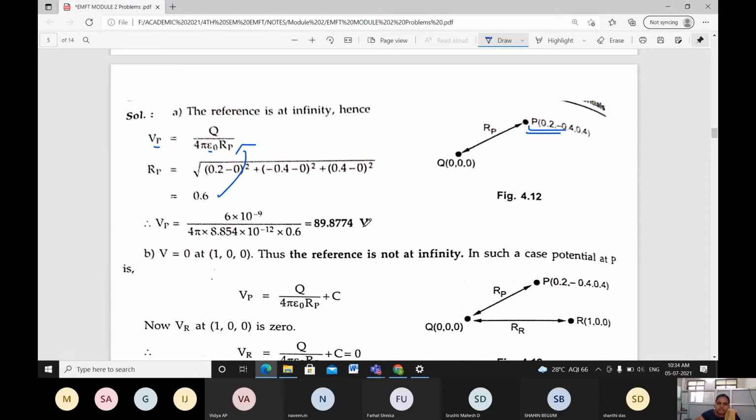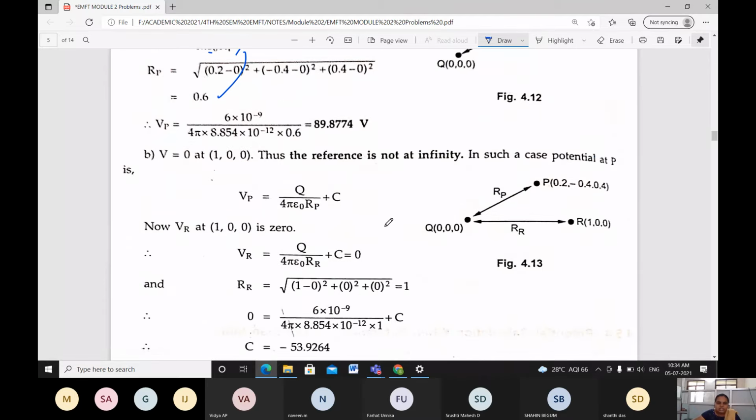Calculating this, you get 89.8774 volts.